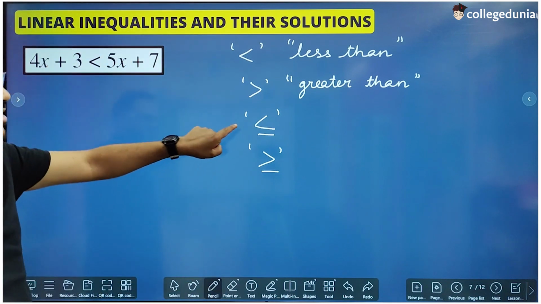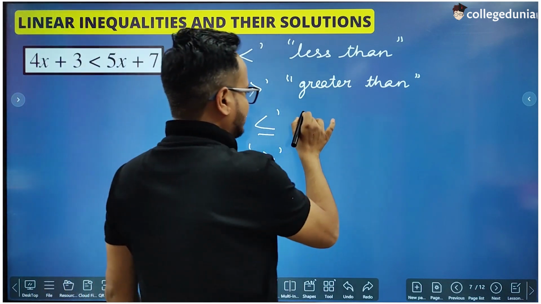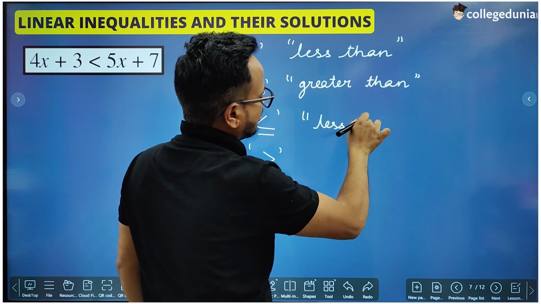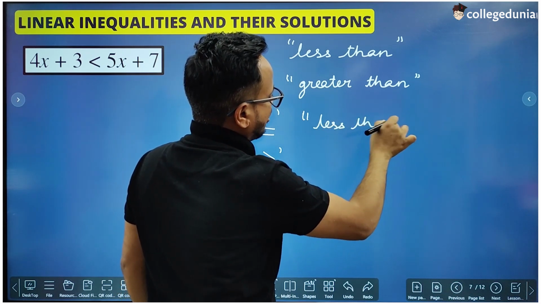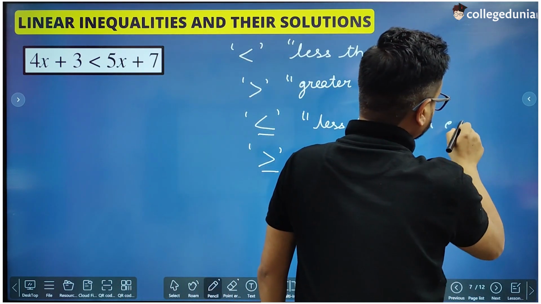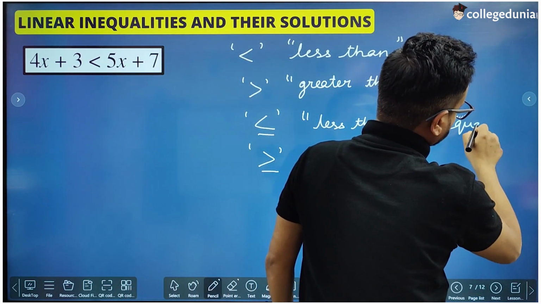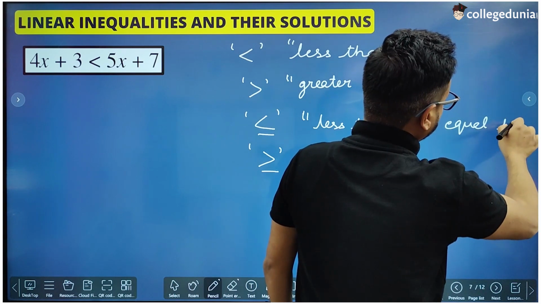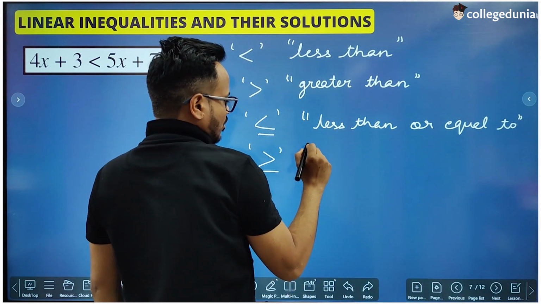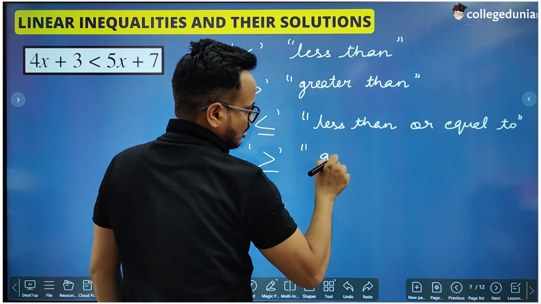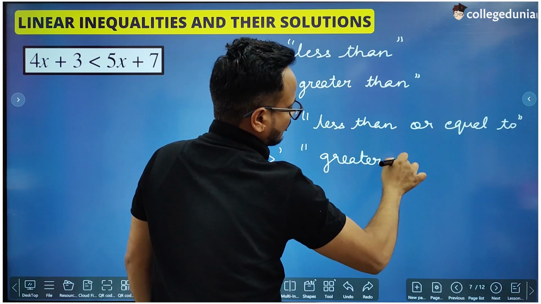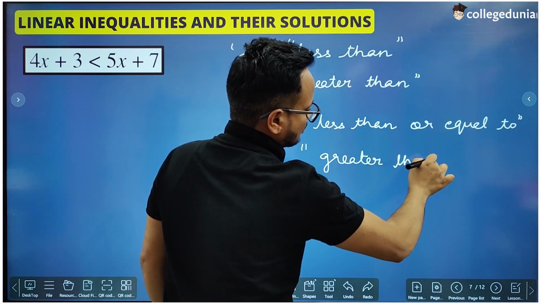This sign is called less than or equal to, and this sign is called greater than or equal to.